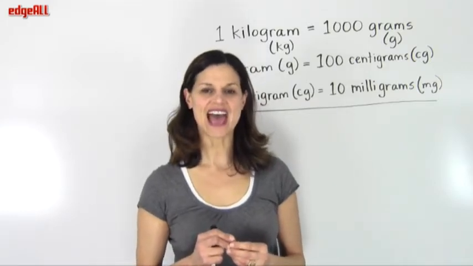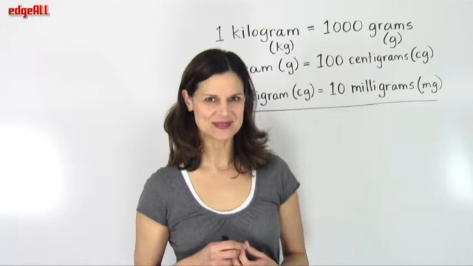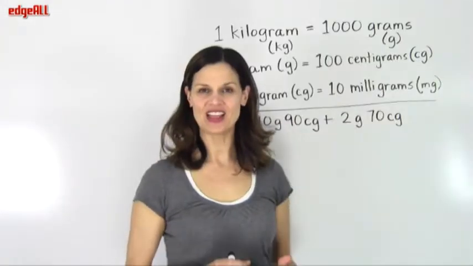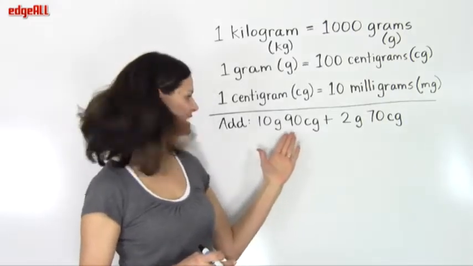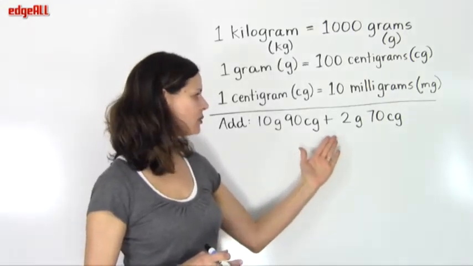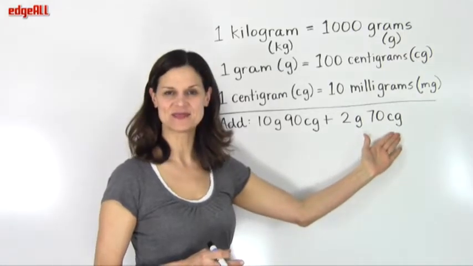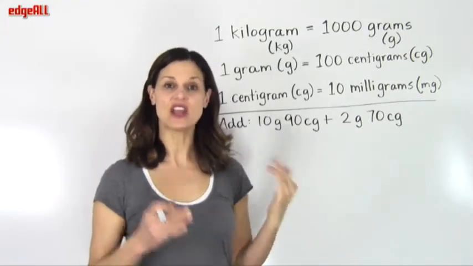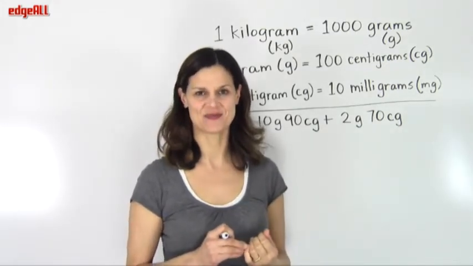Let's take a look at an example of the addition of mixed units. Our example asks us to add 10 grams 90 centigrams plus 2 grams 70 centigrams. As you can see, we are adding mixed unit measurements together here.